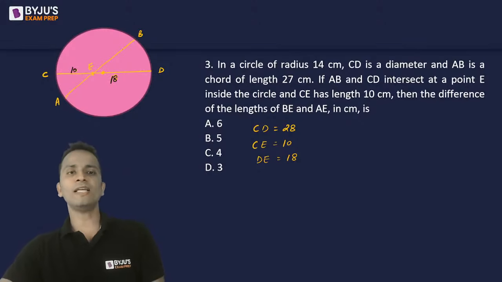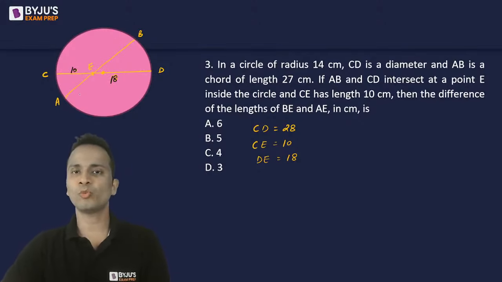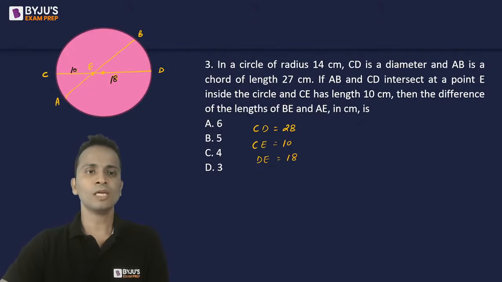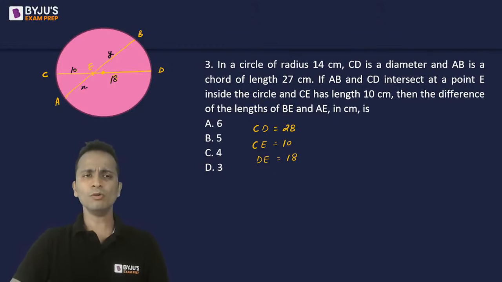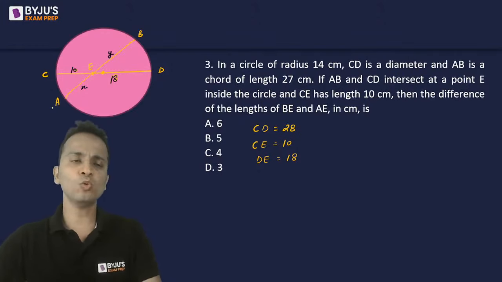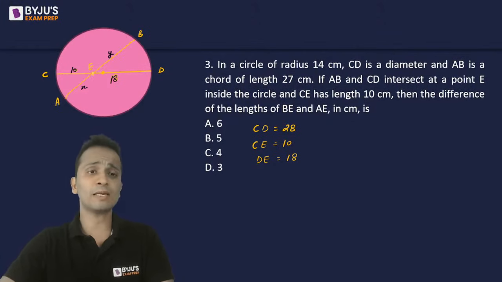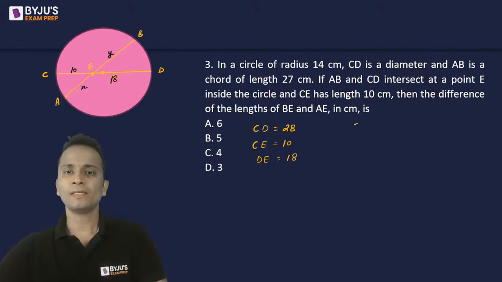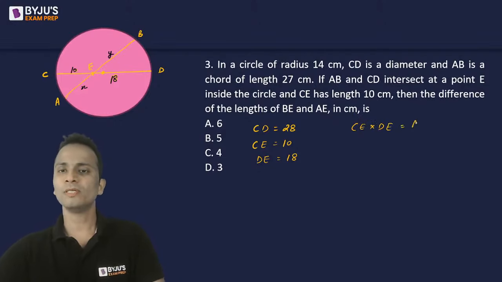Now the entire length of AB is given as 27 centimeters. Let's say AE is equal to x and BE is equal to y. One of the properties of chords in a circle says that if two chords are intersecting each other, in this case at point E, then CE multiplied by DE is equal to AE multiplied by BE.